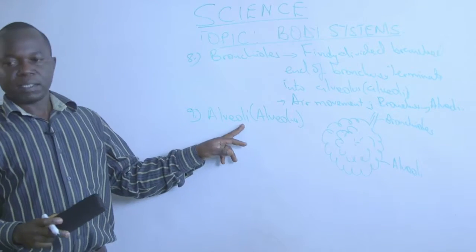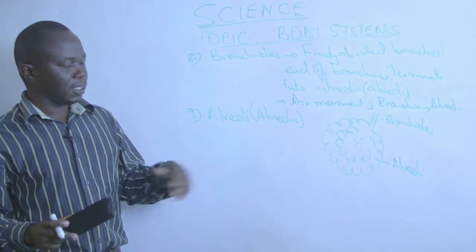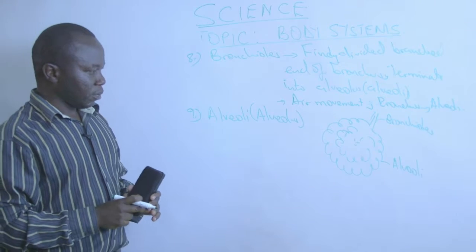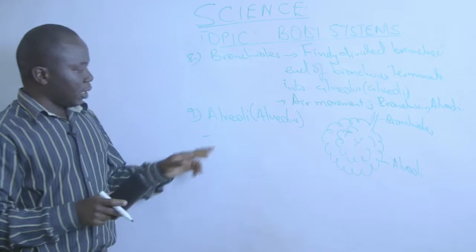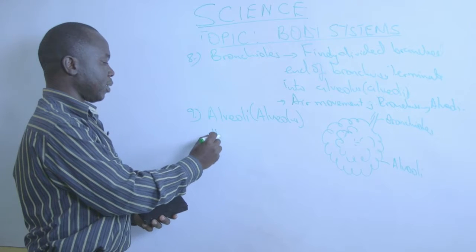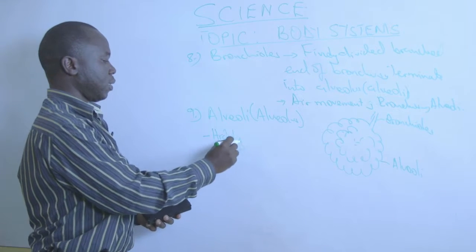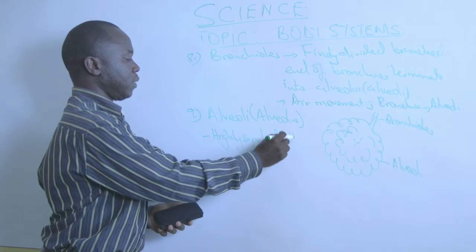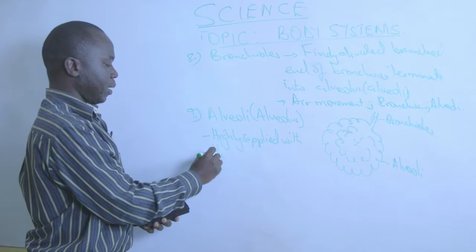There are actually very many in the lungs, and because of that, they make the lungs appear spongy. The major feature of alveoli is that they are highly supplied with blood capillaries.